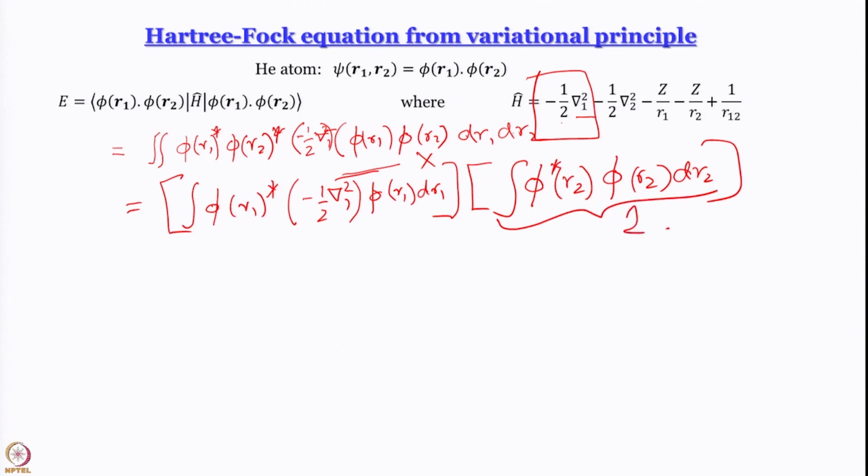So, in the first term, when we expand this Hamiltonian and put in all these 5 terms, I am actually going to get single integrals instead of double integrals, because one of them is going to get normalized and therefore will be equal to 1. This is something I wanted to bring to your attention in case somebody missed it.